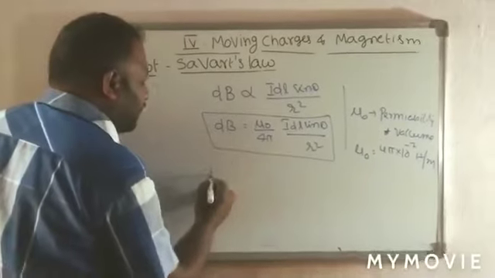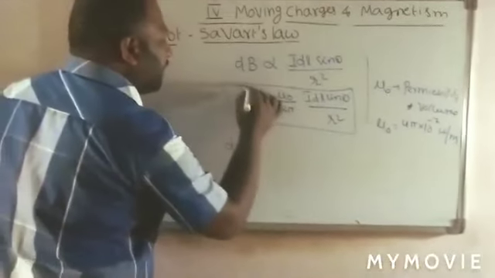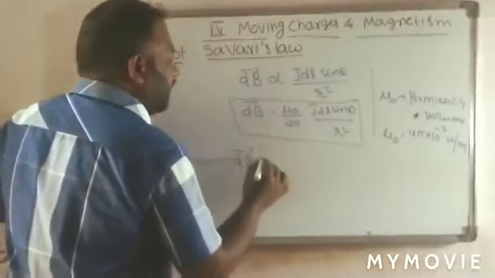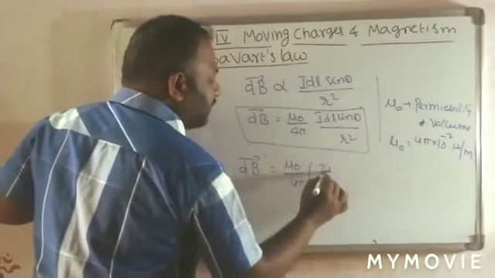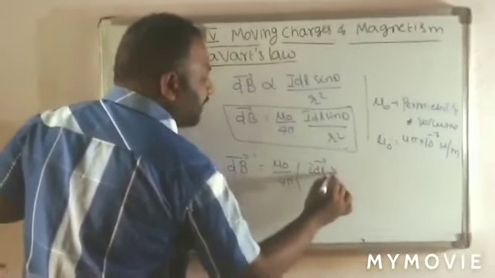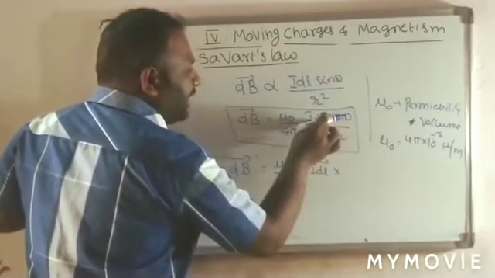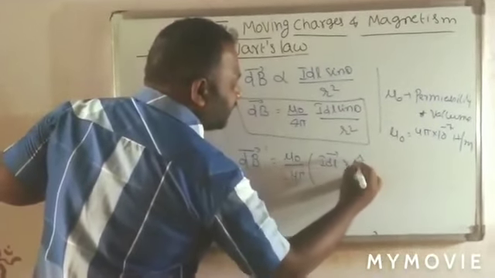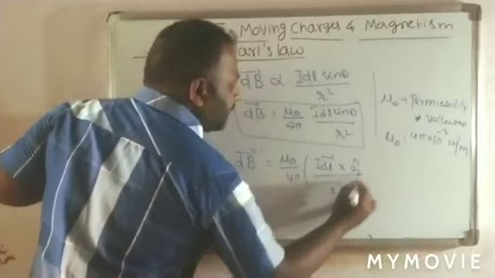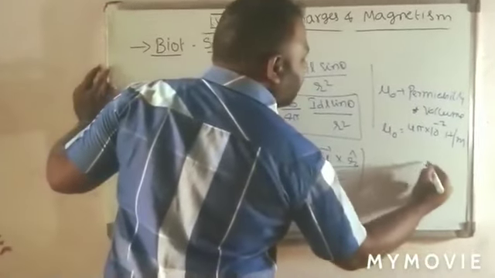Now this expression is also written in vector form, since magnetic field is a vector: dB bar is equal to mu naught by 4 pi into I into dl bar cross 1 into sin theta, where that 1 is nothing but the unit vector r cap. Here how to write the unit vector?